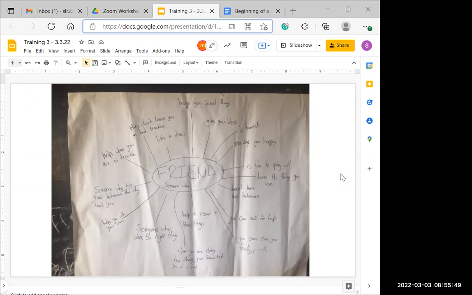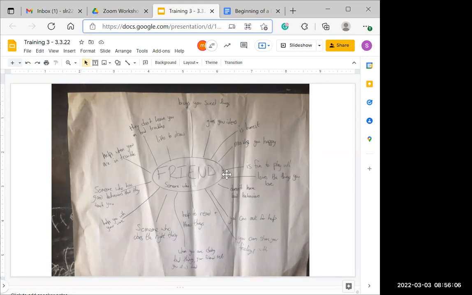This is the circle map. You see there is a circle inside. We put the word friends.